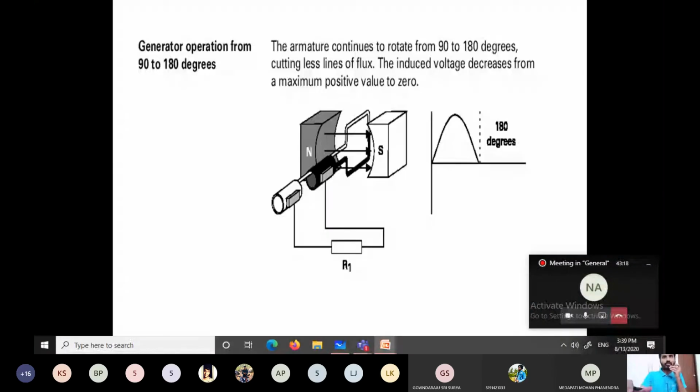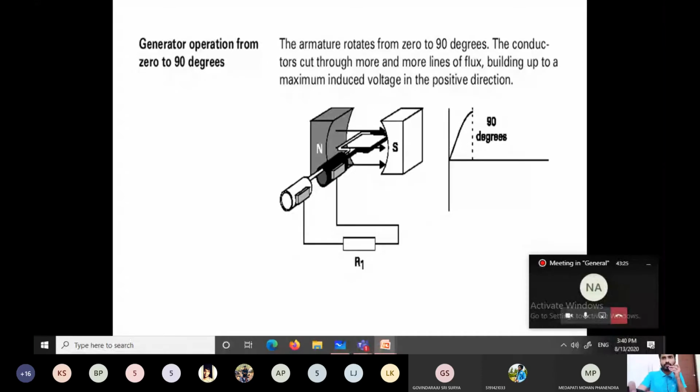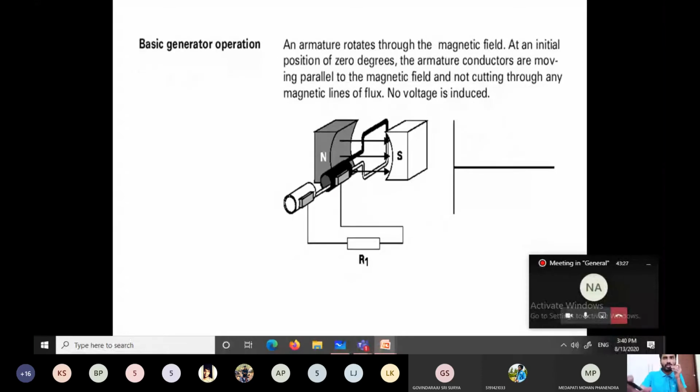When the armature rotates, this is the position of theta equals 0, where the EMF is 0.